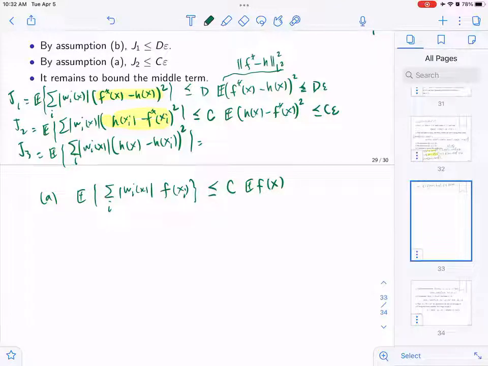So this is some f, like h minus f star squared, applied to the xi's. So think of f as, with f of x being h of x minus f star x squared. If you do it, you get just the same function evaluated at x squared, and this is just the L2 norm. So this is bounded by C epsilon.